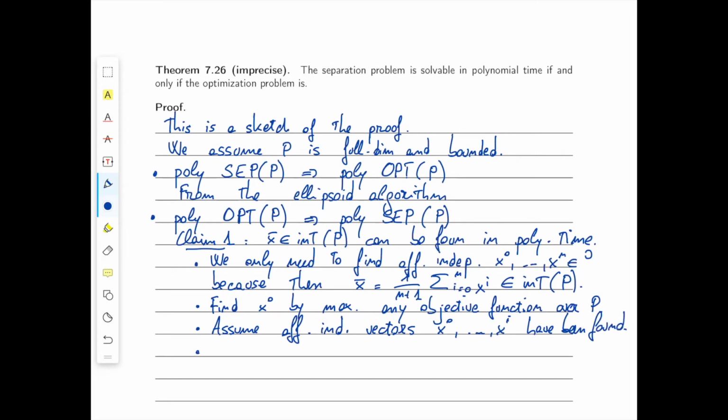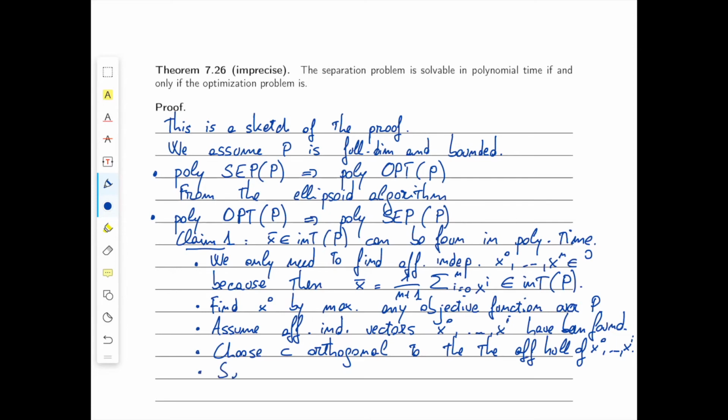Then you just need to do the same: optimize a linear function over P, and you just need to choose this linear function so that the objective vector is orthogonal to the affine null of the current point. Choose c orthogonal to the affine null of x0 until xi.